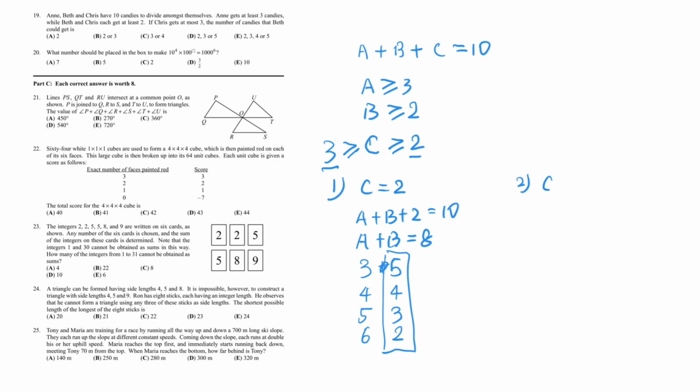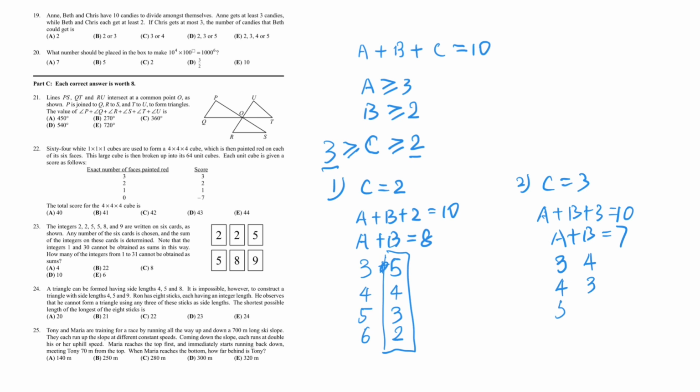Case 2. C equals 3. A plus B plus 3 equals 10, and A plus B is 7. If A is 3 minimum, B is 4. A is 4, B is 3.